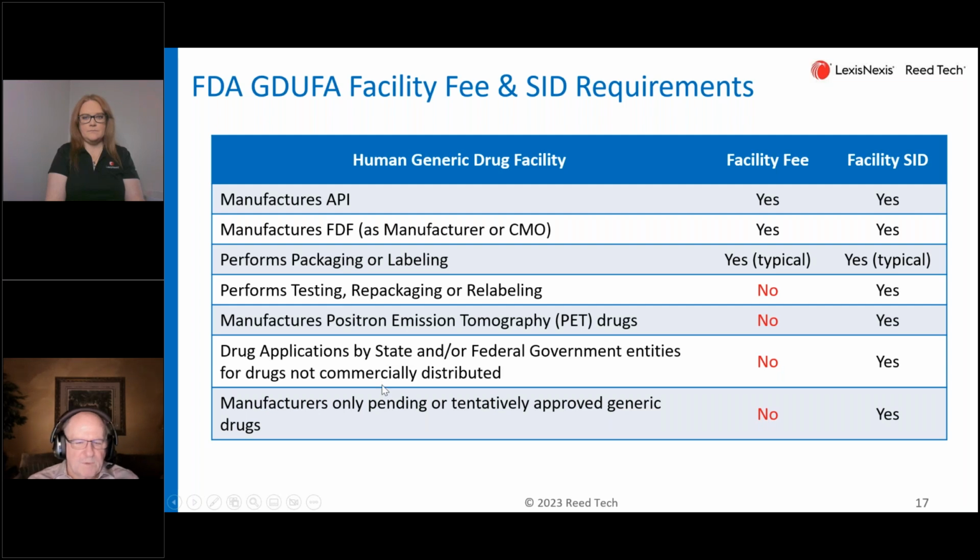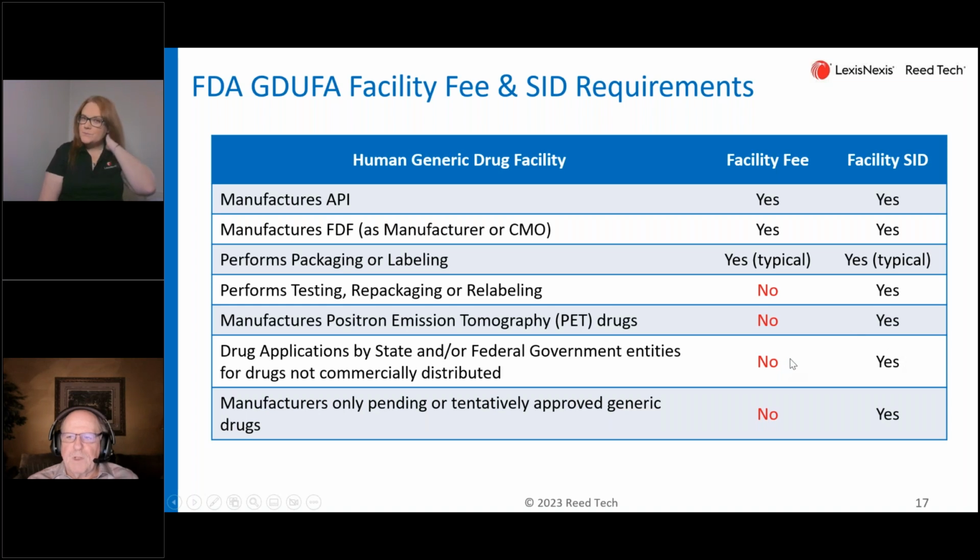I don't think they happen too often, but you see that just because you're a human generic drug facility does not necessarily mean you have to pay the user fee. There are some exceptions, and if you fall into those, obviously you want to exercise that and save the funds by not making the payment, but you still do need to submit the self-identification data.